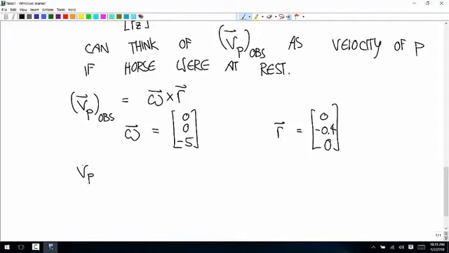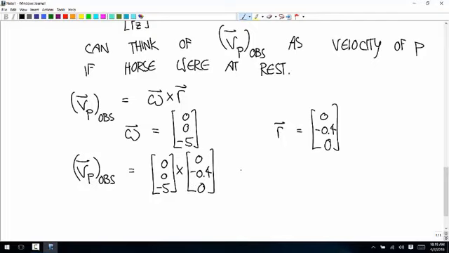And so the velocity of that point that's observed by the coordinate system is 0, 0, negative 5, crossed with 0, negative 0.4, 0, which gives negative 2, 0, 0 meters per second.